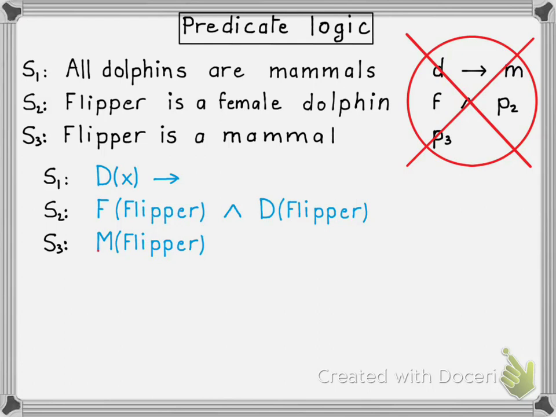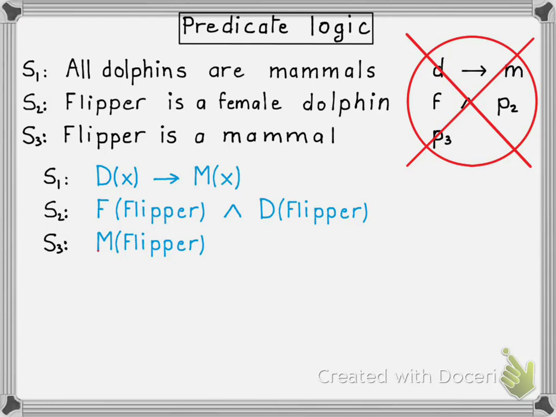So what can you infer if x is a dolphin? Well, you can infer that x is a mammal, and that is the conclusion of the conditional. So let's focus on that now. And we represent the proposition x is a mammal using the predicate M and applying it to x.